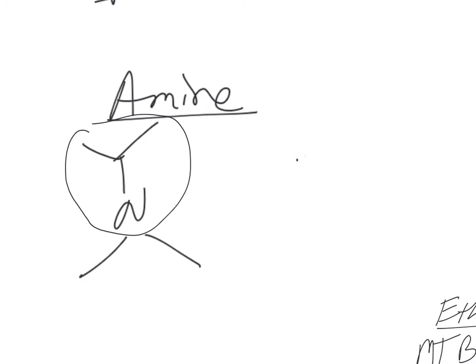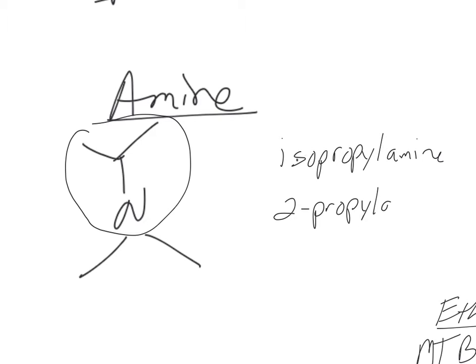So you could either call the parent name isopropylamine, or you could say 2-propylamine. Those are the parent names, right?